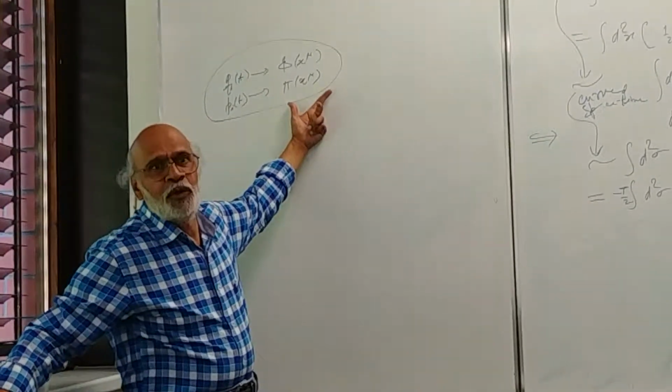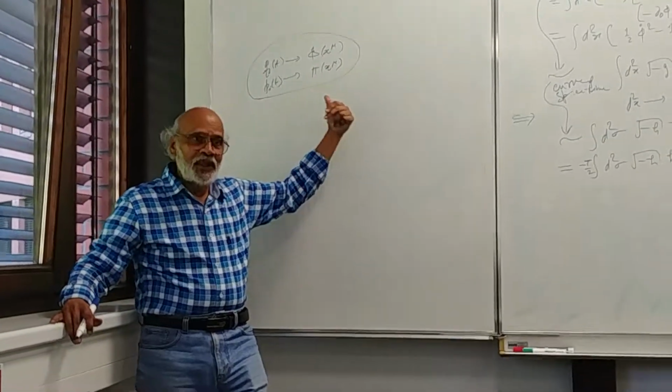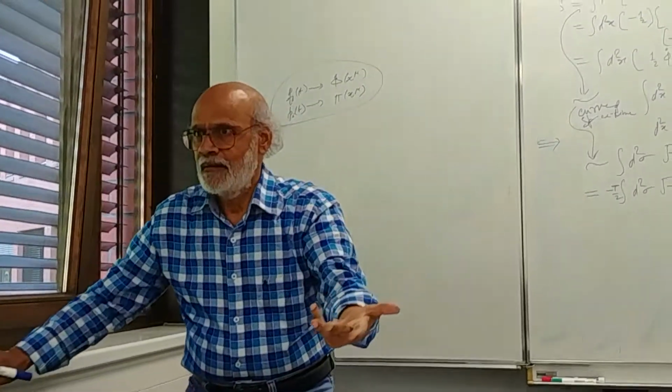And here, if my mu takes values 0, 1, 2, 3, then this would describe my field theory in one time and three space dimensions, right?